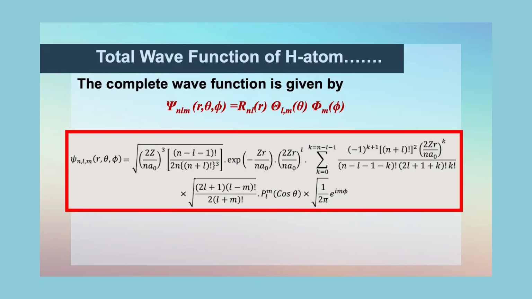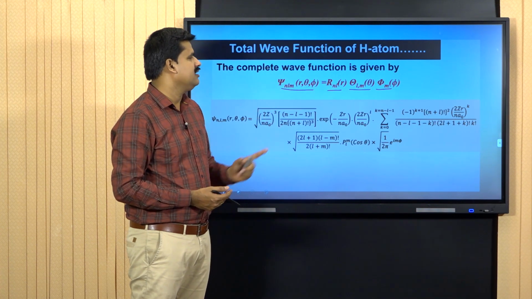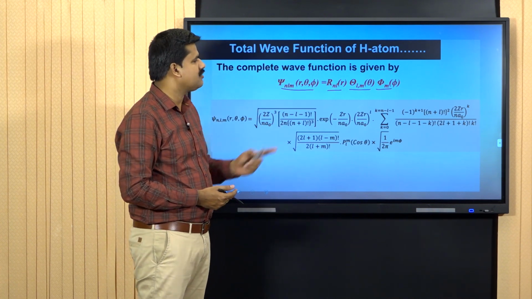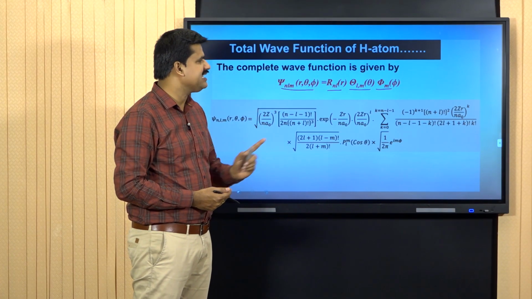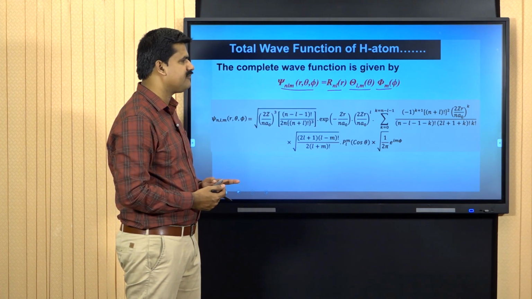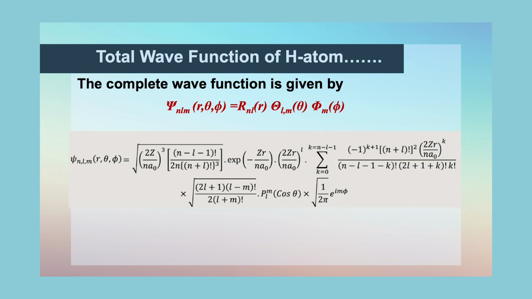That is, psi n l m (r, theta, phi) is equal to the square root of (2Z by n a0) cubed into (n minus l minus 1)! divided by 2n (n plus l)! cubed, multiplied with e raised to minus Zr by n a0 into (2Zr by n a0) raised to l into the summation from k equal to 0 to k equal to n minus l minus 1 of (minus 1) raised to k plus 1, (n plus l)! squared multiplied with (2Zr by n a0) raised to k by (n minus l minus 1 minus k)! (2l plus 1 plus k)! k!, again multiplied with the square root of (2l plus 1)(l minus m)! divided by 2 (l plus m)! into P l m (cos theta) multiplied by the square root of 1 by 2 pi into e raised to i m phi.